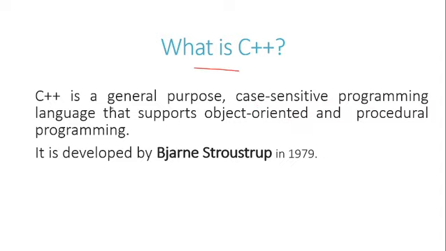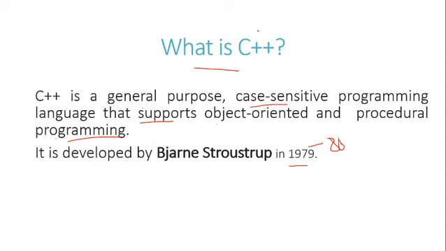C++ is a general purpose, case sensitive programming language that supports object oriented and procedural programming. As we know, C++ was developed by Bjarne Stroustrup in 1979. In some books you will find 1980 also.